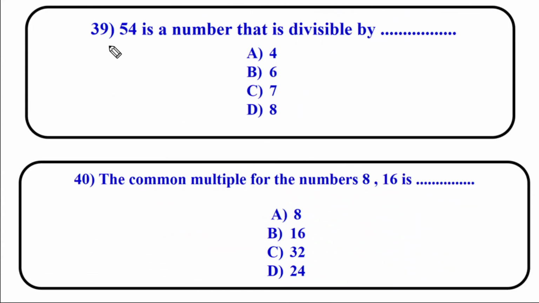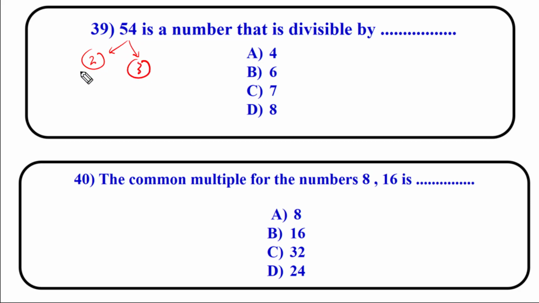Number 39, 54 is a number that is divisible by what, guys? Yes, 54 is an even number, so it's divisible by 2. And if we find the sum of its digits, 5 plus 4 equals 9. 9 is divisible by 3. So this number is divisible by 3.